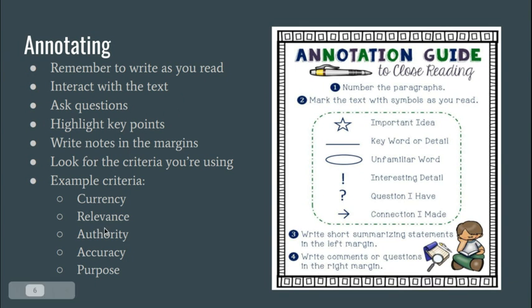And in terms of evaluating a text, specifically while I'm annotating, I'm going to look for my criteria and practice that evaluation as I read. So remember the example criteria that we're using here is the CRAP test, right? So currency, relevance, authority, accuracy, and purpose. I'm looking for all of those things as I'm annotating, as I'm reading each source.